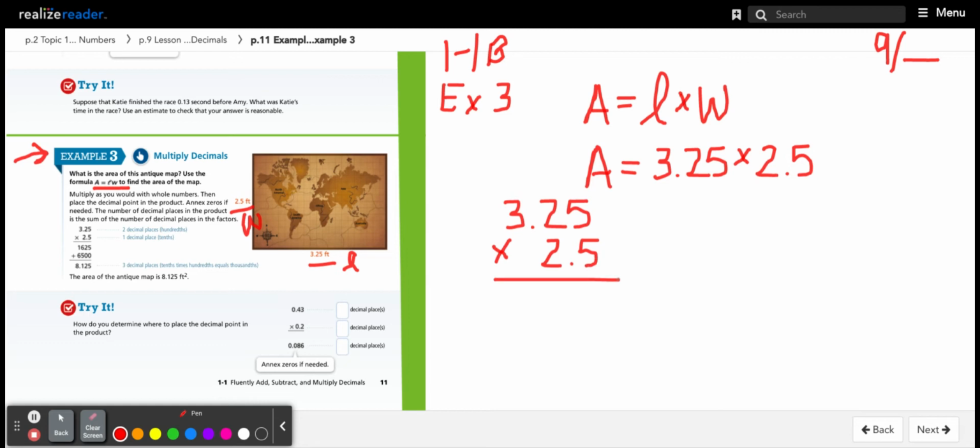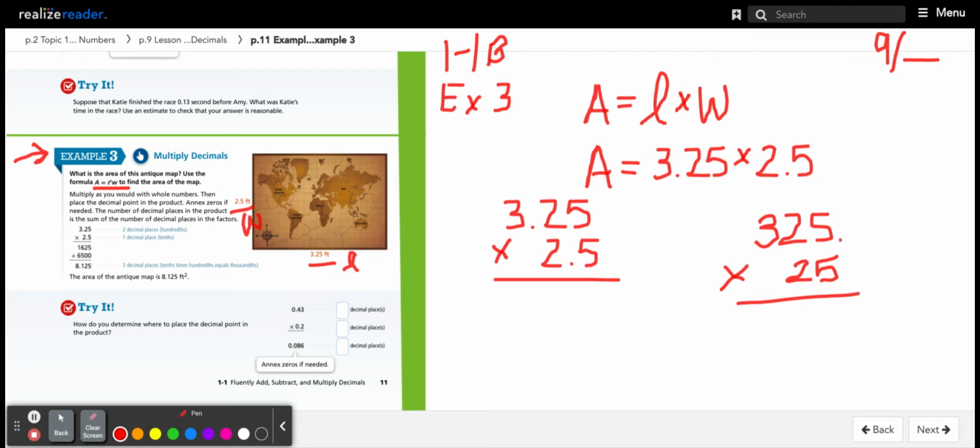So now the key to doing these multiplication with decimals problems is to move the decimal out of the equation. So I want to move the decimal out of this multiplication problem. That way it's like I'm just multiplying 325 times 25. So let's see how we would do that.